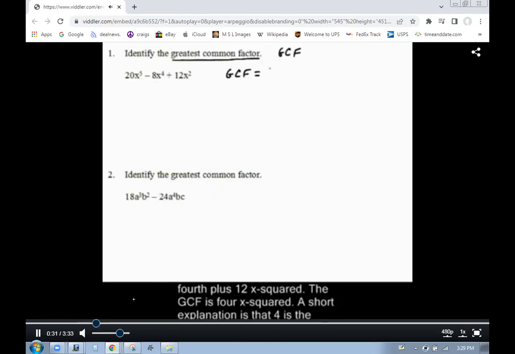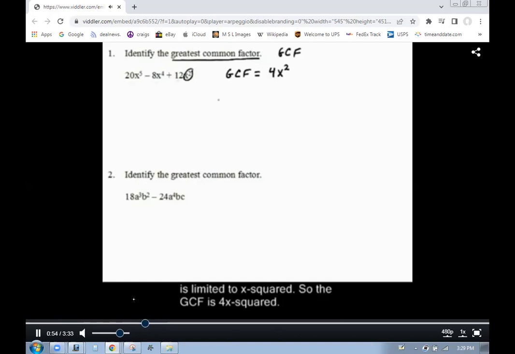The GCF is 4x squared. The short explanation is that 4 is the greatest number that divides evenly into 20, 8, and 12. And x squared is common to all three terms. Now we can't use a higher power of x in the GCF because the third term of the polynomial is limited to x squared. So the GCF is 4x squared.